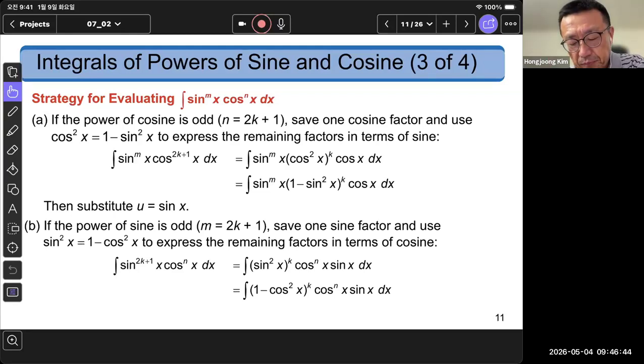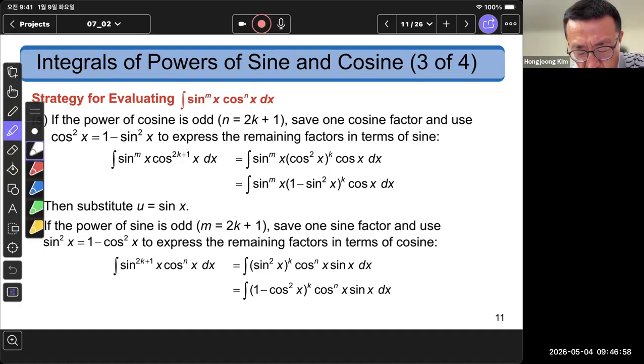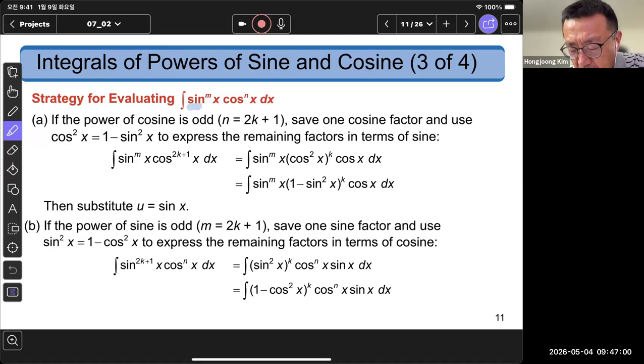So first, if you want to integrate a product of some powers of sine x and some powers of cosine x, so if you want to integrate this shape, okay?